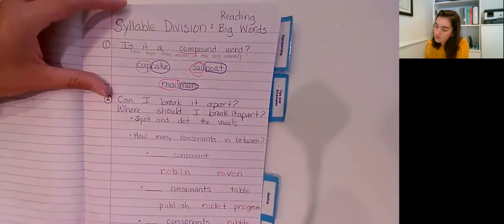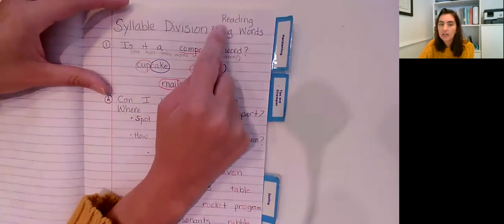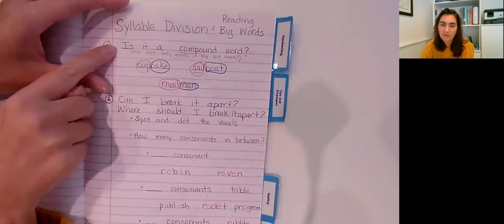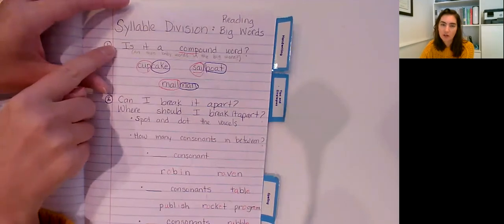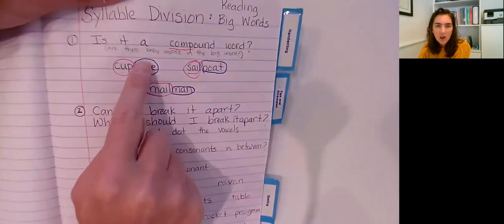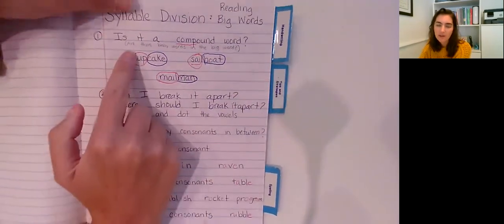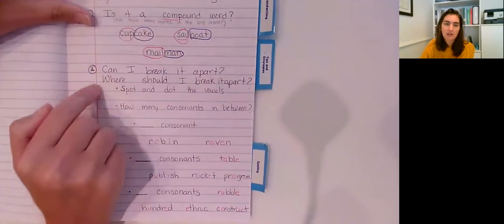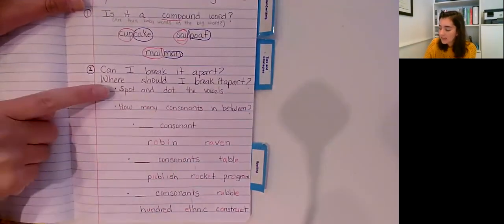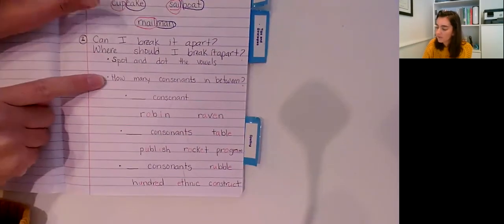Okay, so we're getting into syllable division here, aka reading big words. So I was trying to walk him through some steps here. The first thing you might ask yourself as a reader is, is it a compound word? Are there baby words in there? That would be one of the first things you check for as a reader. Number 2, can I break it apart? Where should I break it apart? And here's the lesson we did with spotting and dotting the vowels.